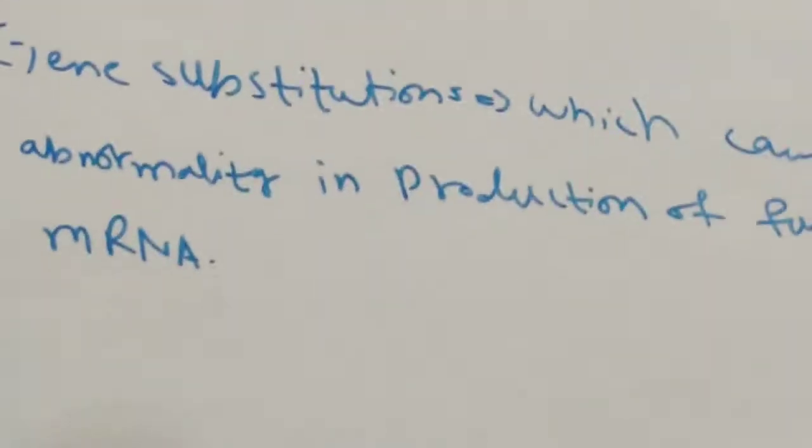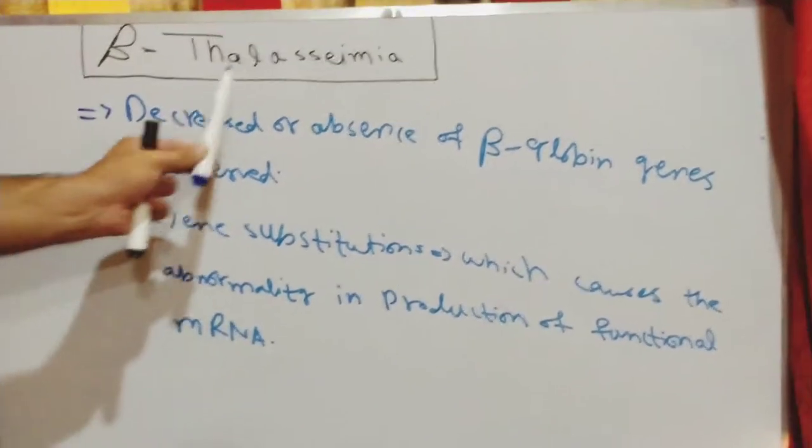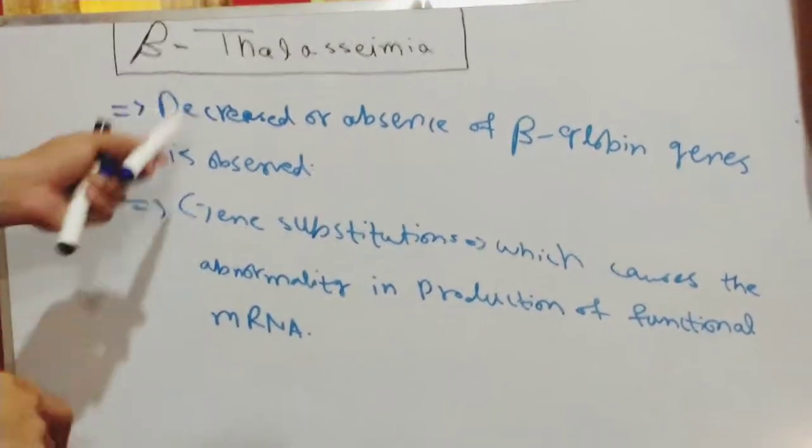So due to the abnormality in the production of functional mRNA, decreased or absence of the beta globin genes is observed.